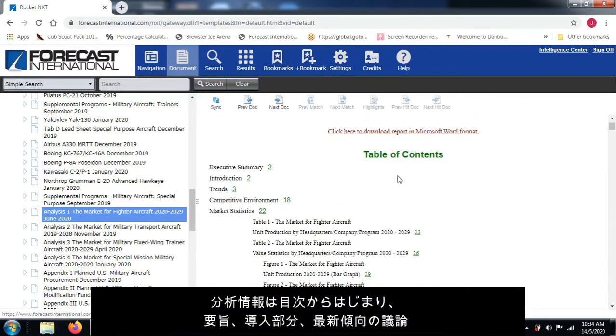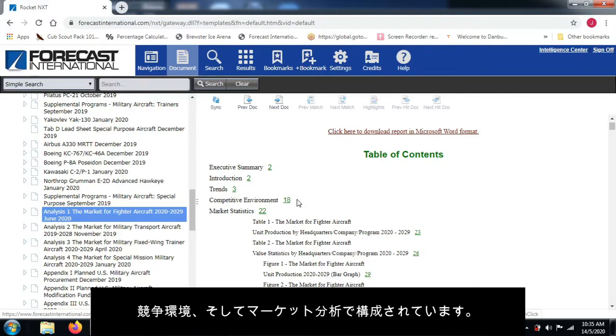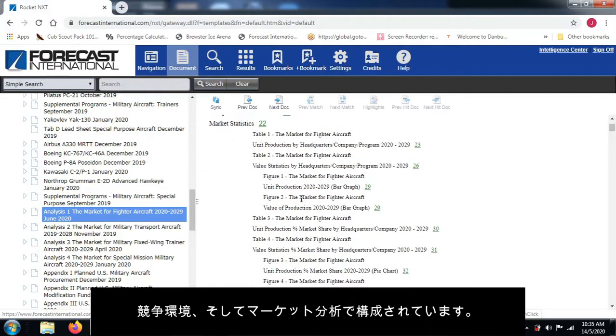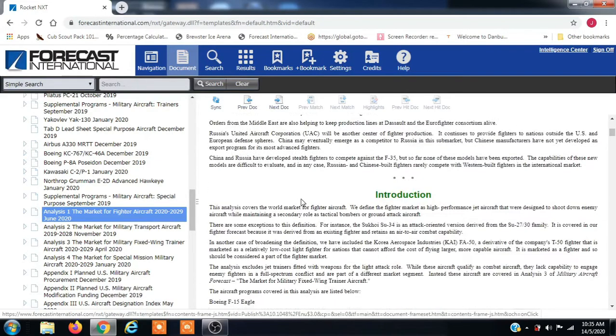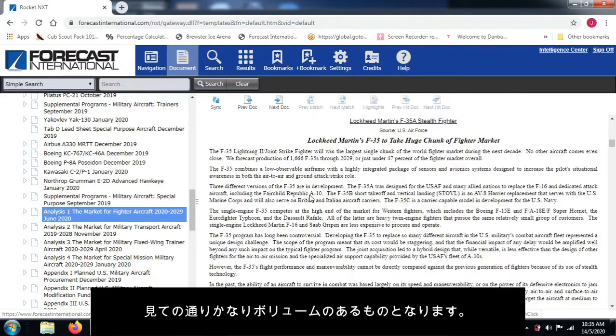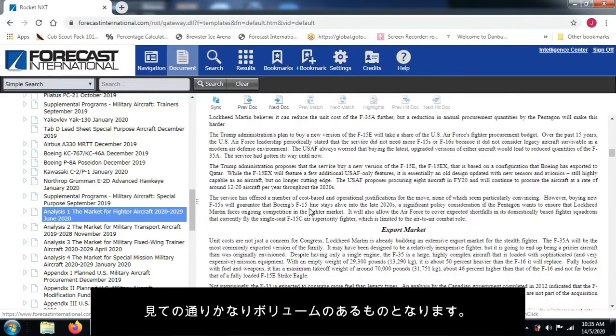The analysis contains, in its table of contents, an executive summary, an introduction, a discussion of trends, the competitive environment, and finally market statistics. And as you can see, this is quite a lengthy document.